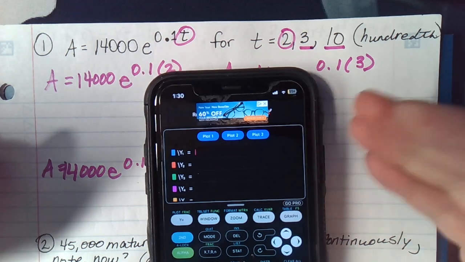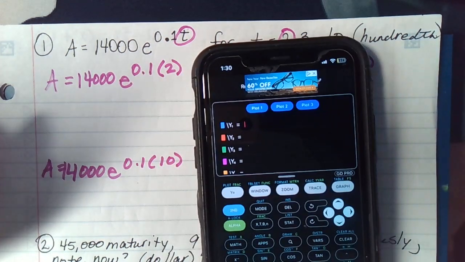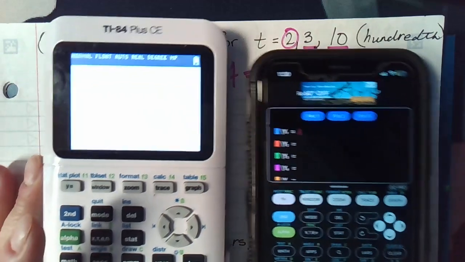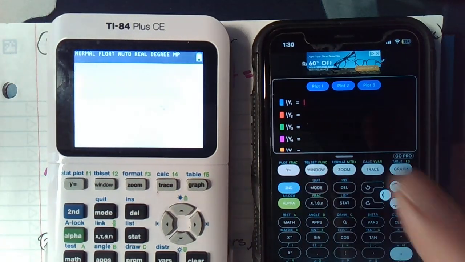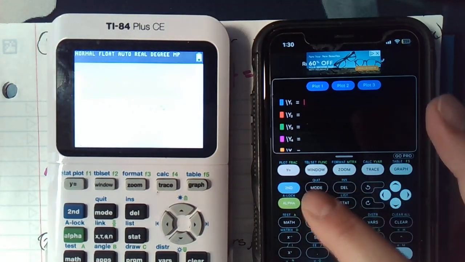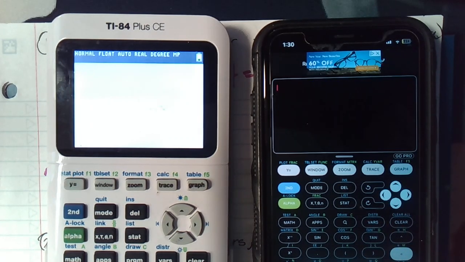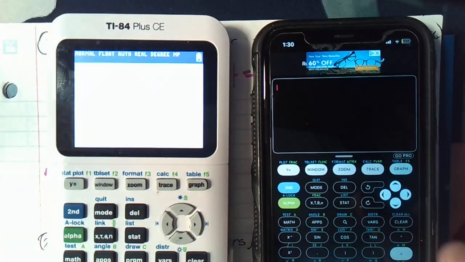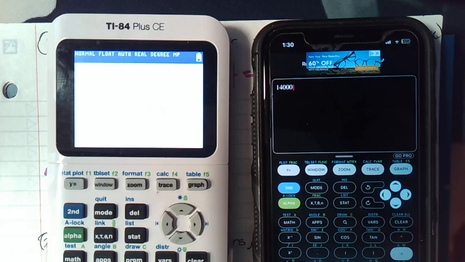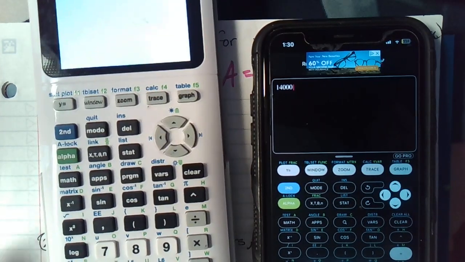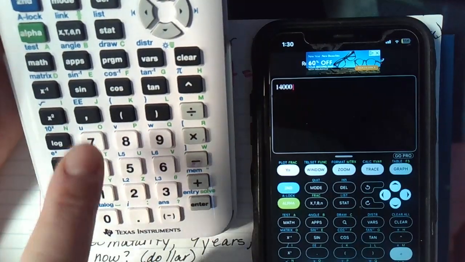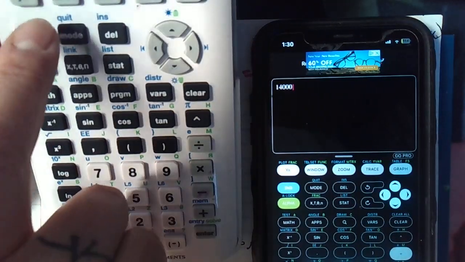Okay. So here's the graphing calculator, and I'm just going to go to my blank screen. And if you're in something and you want to get out of it, you can always press clear a bunch. Okay, so we're going to go to our blank screen, and we're going to type 14,000 E. E, you find by pressing the blue second and then LN.